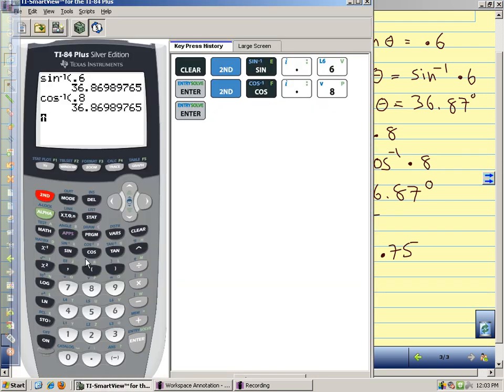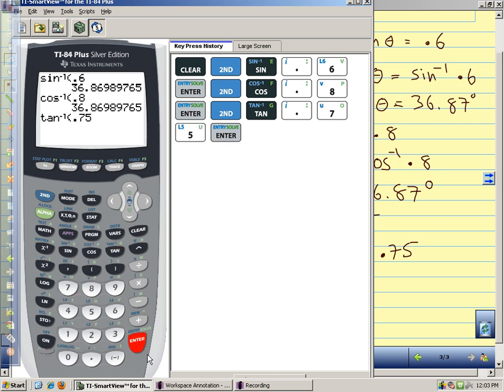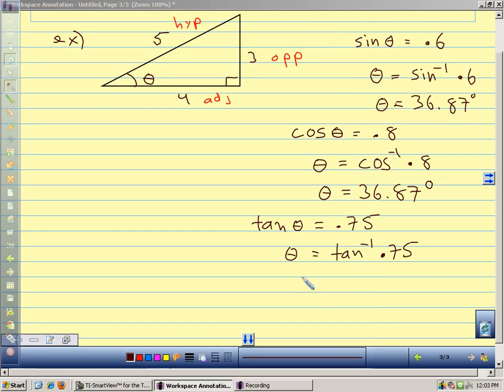So let's do a second, inverse tangent of 0.75. And we get 36.87 degrees again. So questions about using our calculator? Same process that we used on Friday.